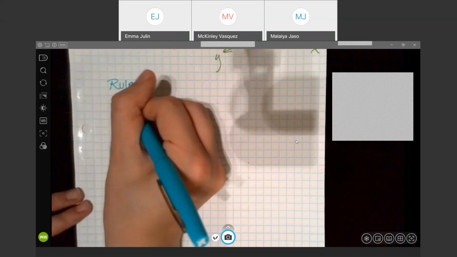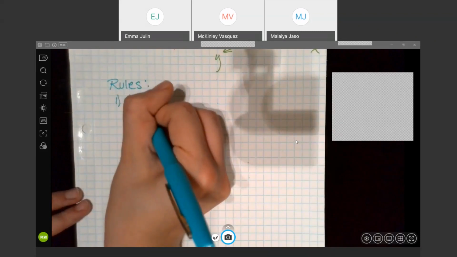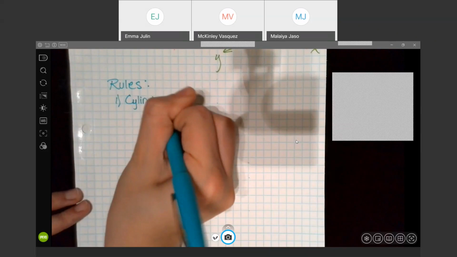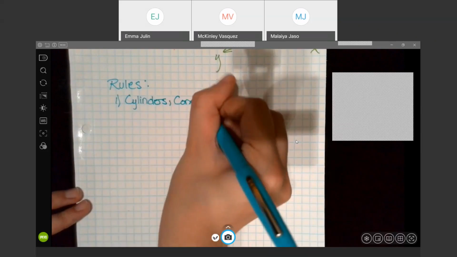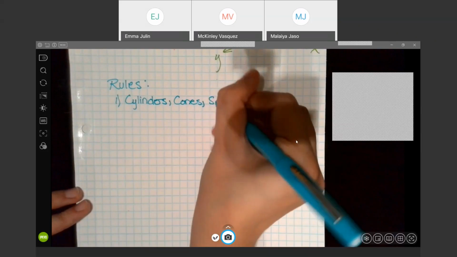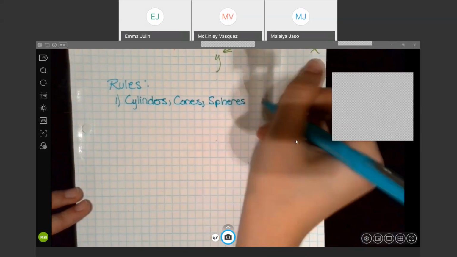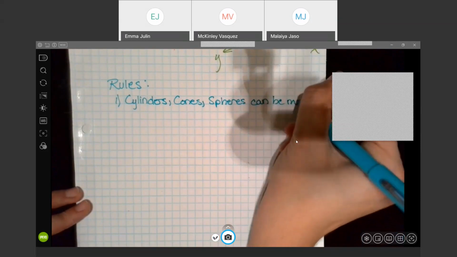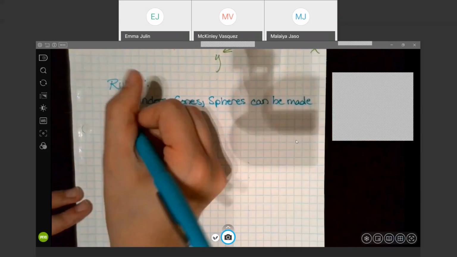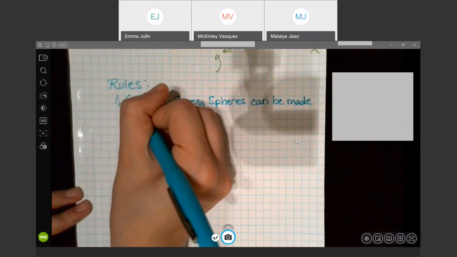So things like cylinders, cones, and spheres can be made with revolutions.